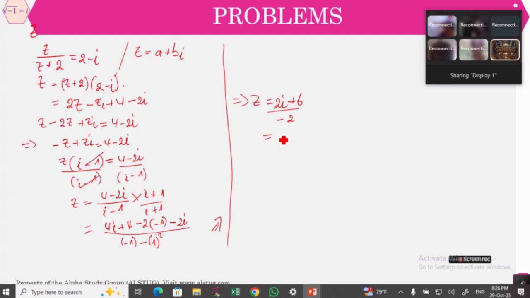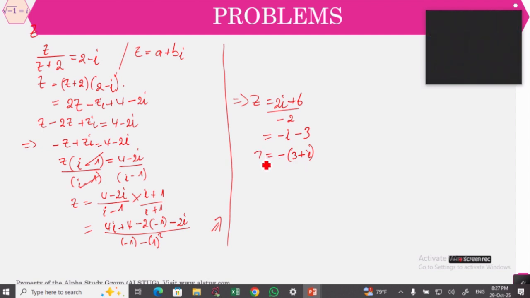So we end up with negative i minus, 6 divided by 2, 3. That's interesting. So we can say negative into 3 plus i. This will be z.